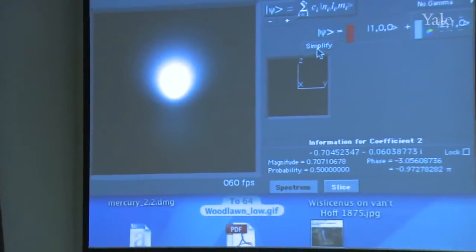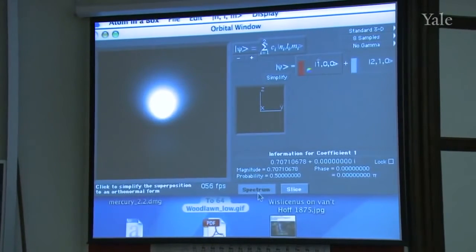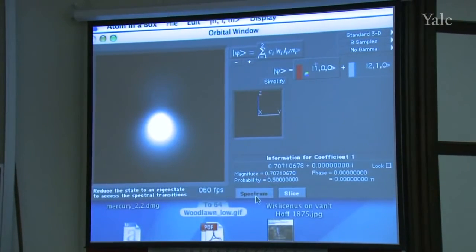It can show spectral transitions for the H atom. Let's get this here. And if you click spectrum here, you get, where is it now? I think it's off the screen. I enlarged things here.